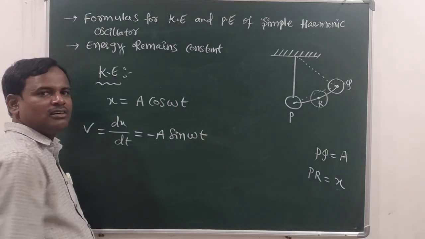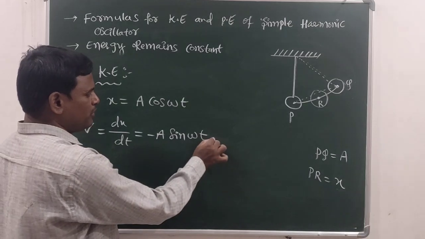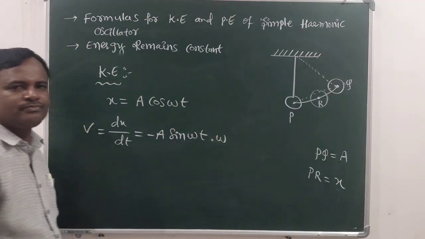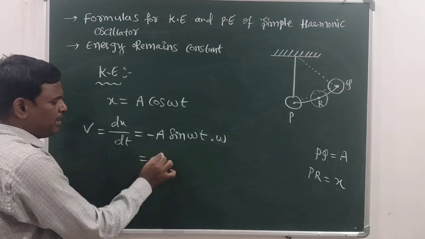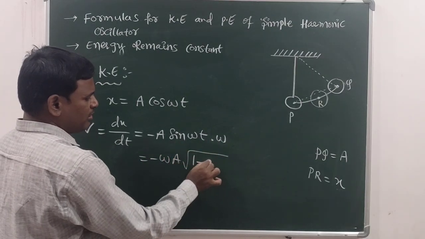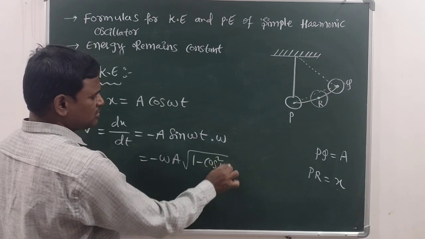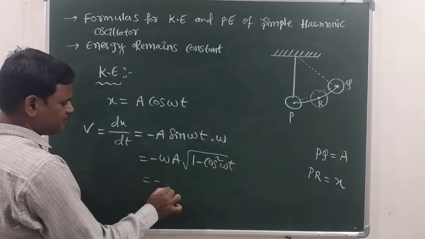Is this just t? No, so follow the chain rule, so that you will get omega here. You know the differentiation. So here minus omega A sin omega t, and you can write sin as root of 1 minus cos square omega t. Now send this A inside.